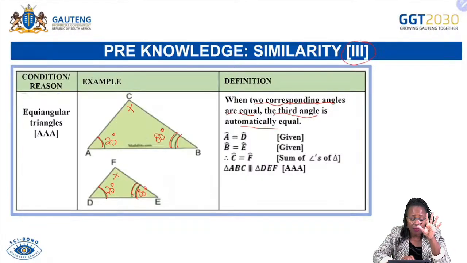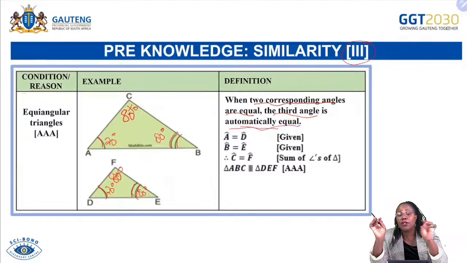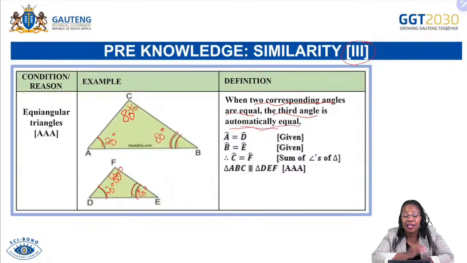That means this angle will also be 80 here, because it must give us the sum of 180. The same applies: 20 plus 80 is 100, so F will also be 80 degrees. That is why we take this conclusion: if two corresponding angles in two triangles are equal, the third angle will automatically be equal. You can just tell us that they are equal without even testing.